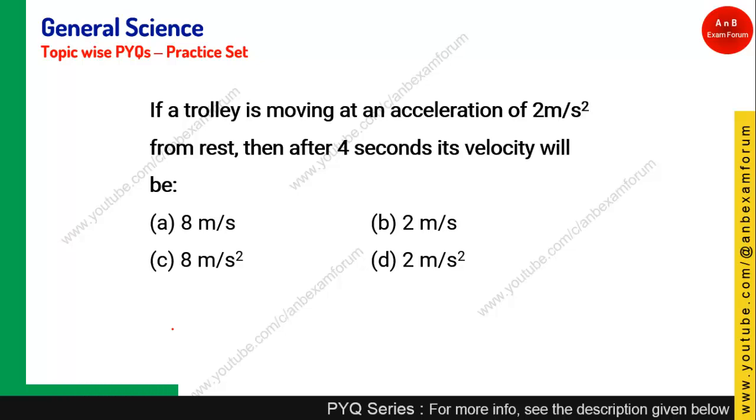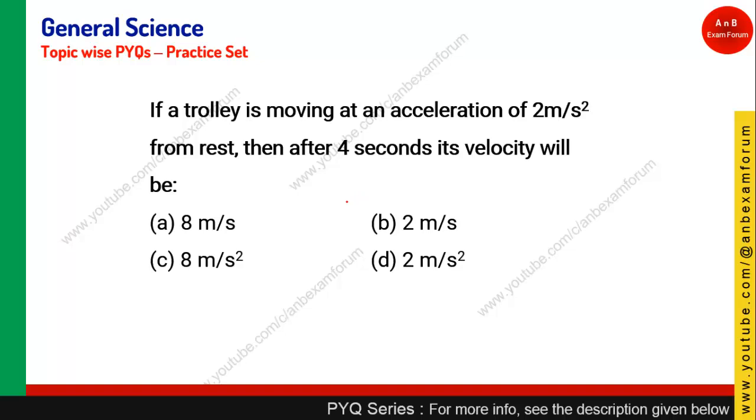Again, one more numerical. If a trolley is moving at an acceleration of 2 meter per second square from rest, then after 4 seconds its velocity will be what? Okay, so you can use the equation of motion or the definition of acceleration. It is basically v is equal to u plus at.